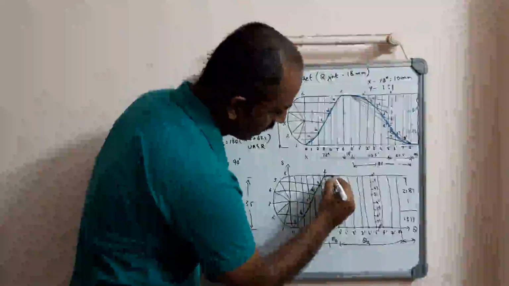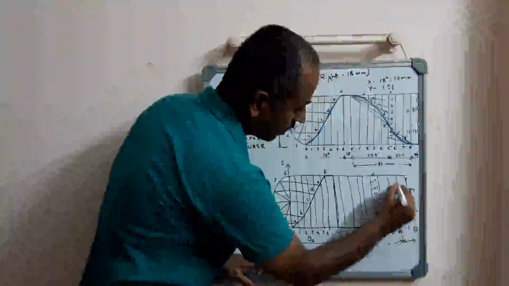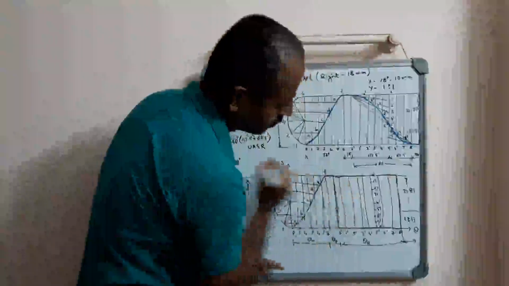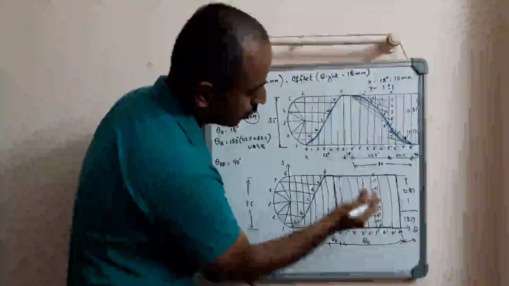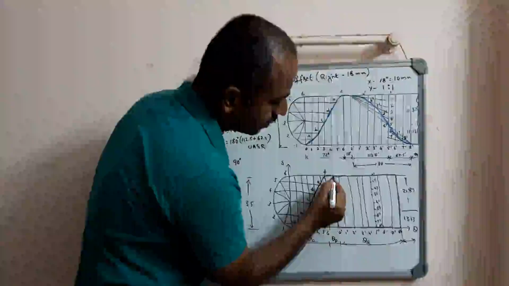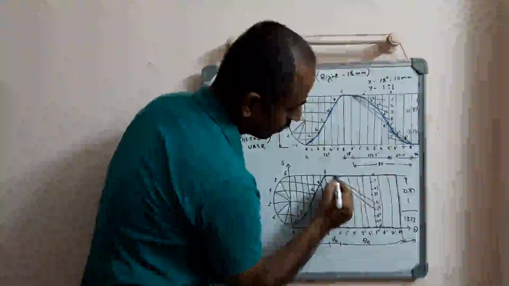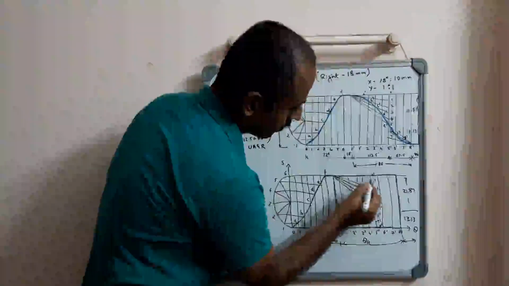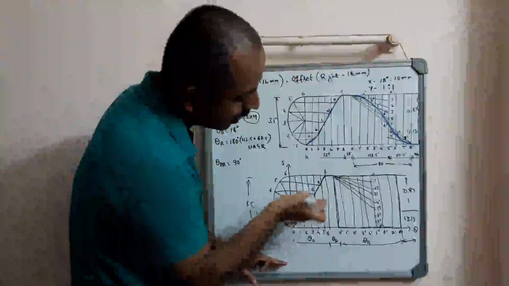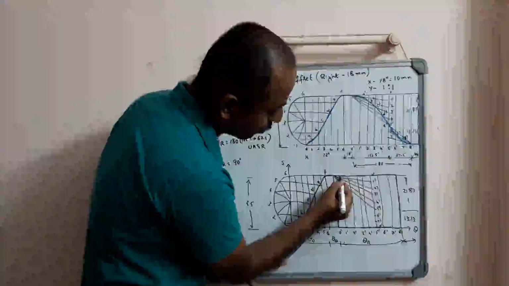So we have a rectangle for the return stroke region. From this top left corner, connect the first 5 division points. The intersection of 1 dash and 1 dash is our point A dash.